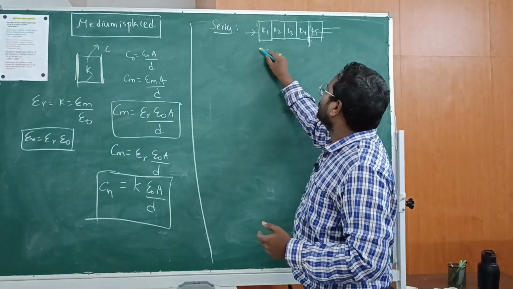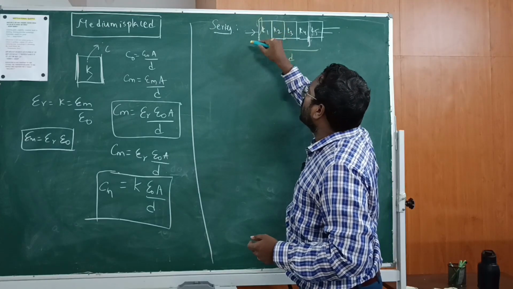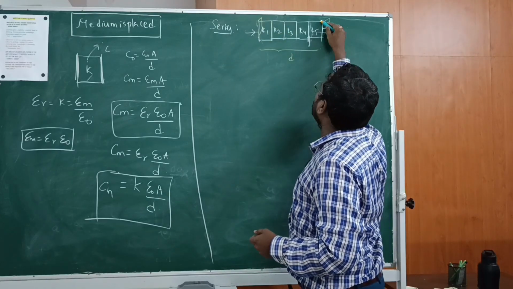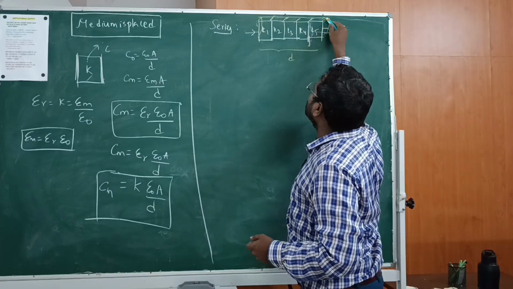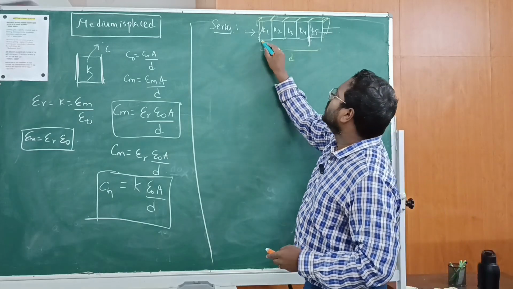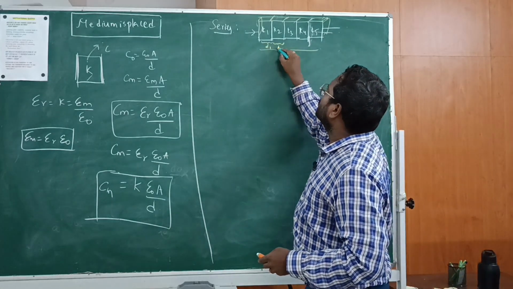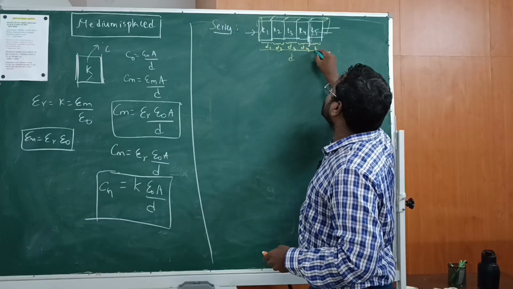But try to know here, if this is total distance D, the area is not changing for all these dielectric mediums. The area is completely covered between the parallel plates, but the distance is changing. So let us take that this is D1, this is D2, this is D3, this is D4, this is D5 here.